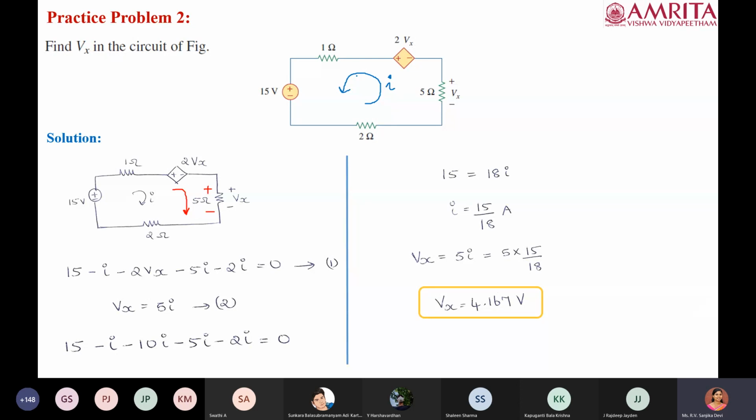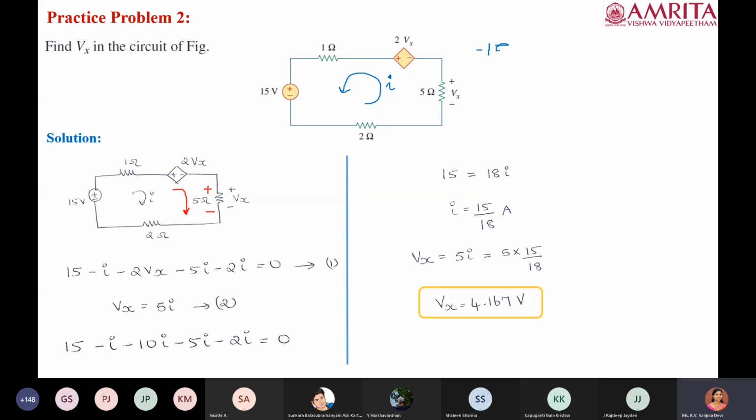Now I will go with the convention that for the terminal from where I am leaving, I take the polarity of that terminal. So for 15 volt it will be minus 15. Now for the 2 ohm, current is flowing this way.